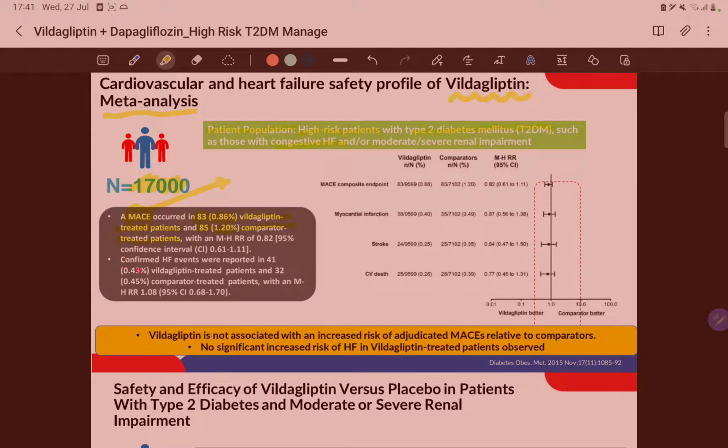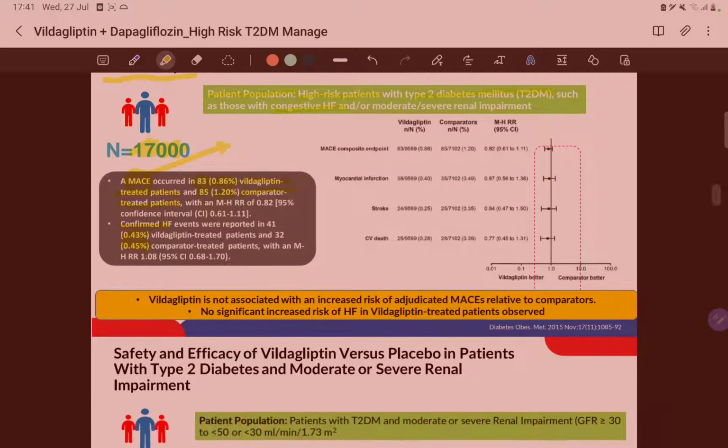We can also see that the confirmed heart failure cases were nearly the same for both the Vildagliptin and comparator arms, right? So in this meta-analysis, we can see that Vildagliptin is not associated with an increased risk of adjudicated MACE relative to the comparators, okay.